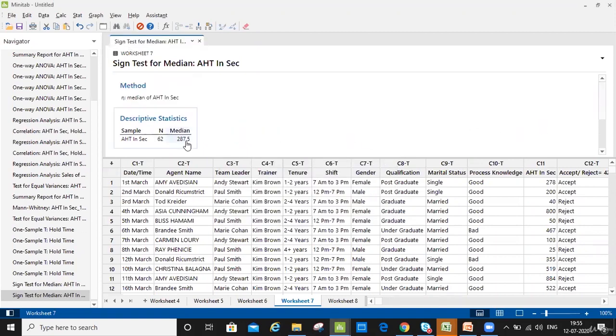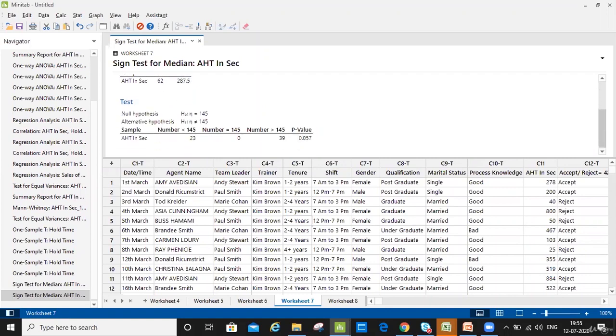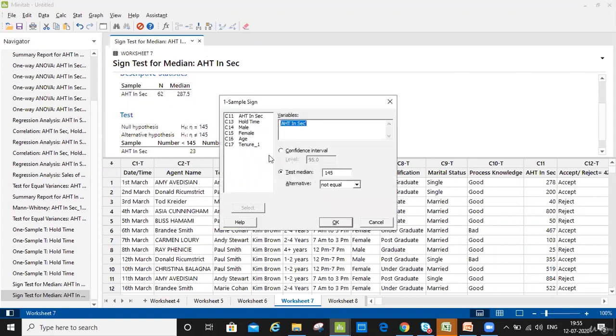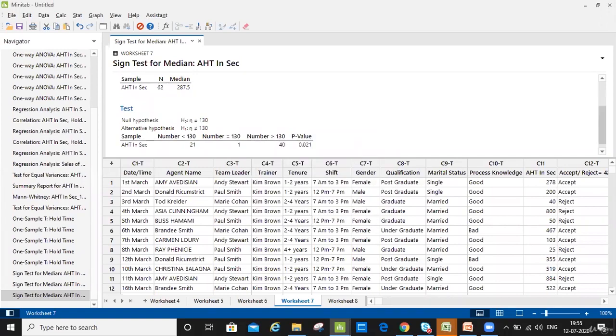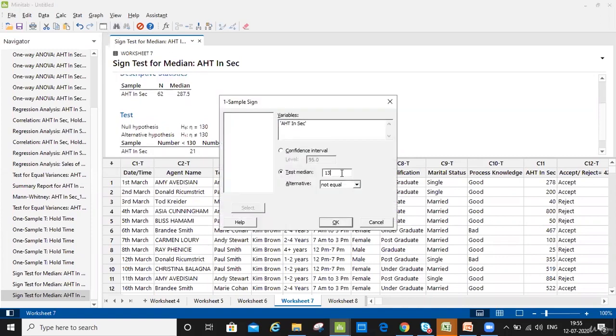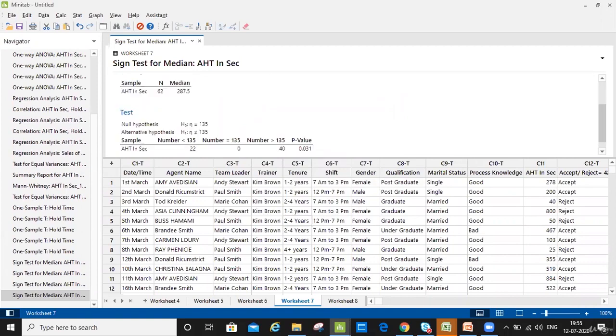So the median is 287 and I have taken 145. Again 0.057, which means I have the capability to go below that. So let's say I take 130, 0.02. Okay. So I have to decide what is the bare minimum that I can take. I can mention 135. So that's how I can decide.